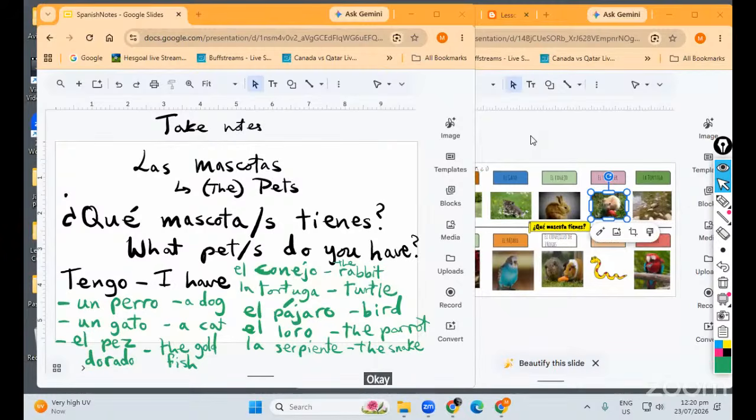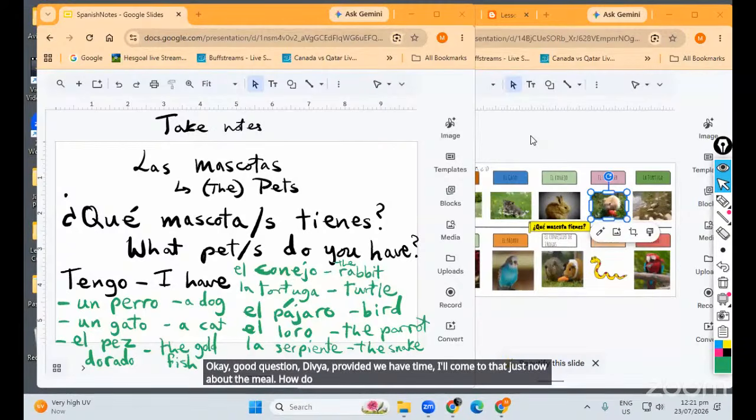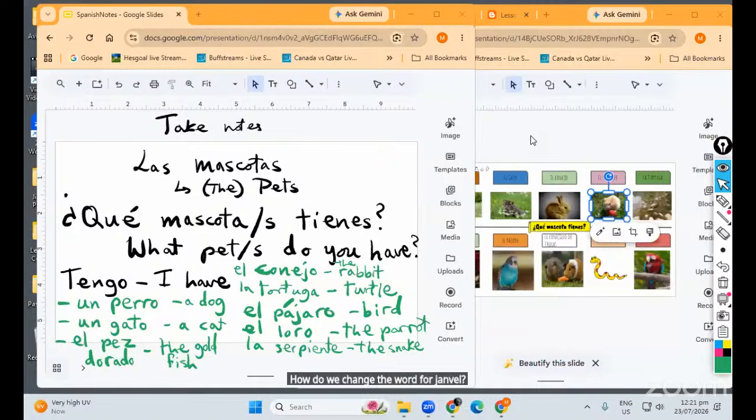Okay, good question, Divya. Provided we have time, I'll come to that just now about the male. How do we talk about the pets if they are female? How do we change the word for gender? Right, we'll come to that just now.